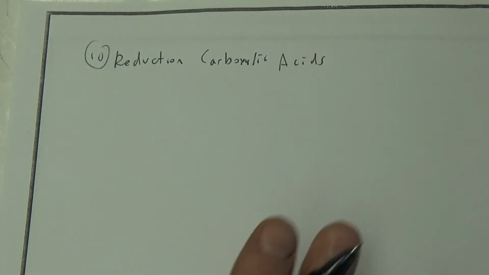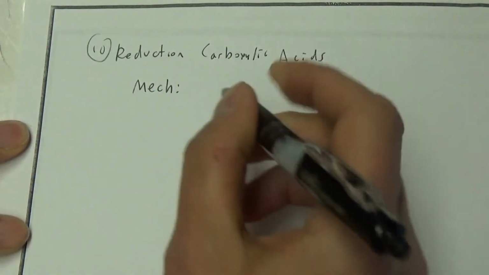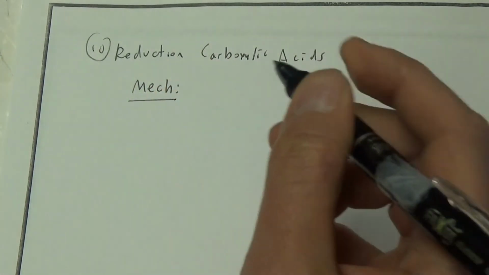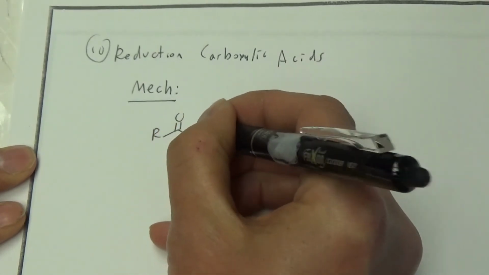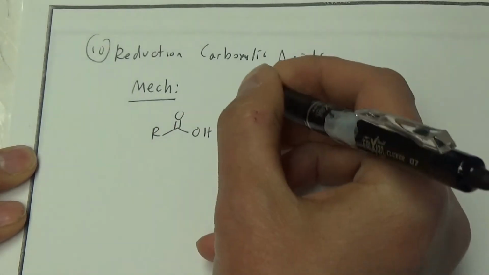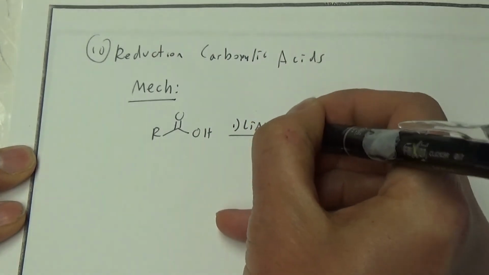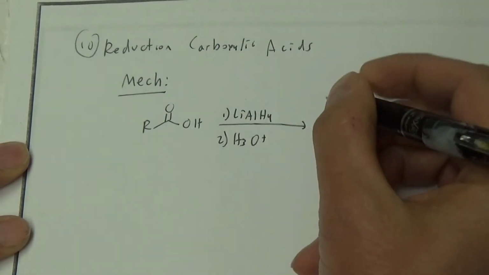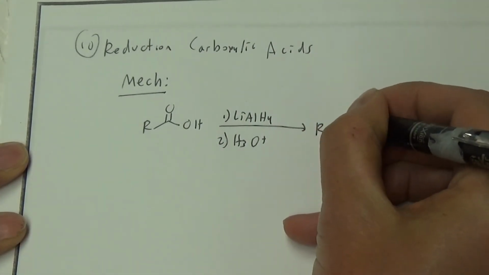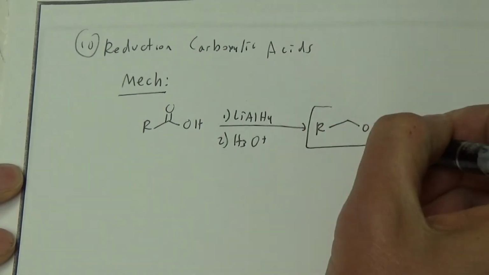The mechanism is actually pretty straightforward. The mechanism of the reduction of a carboxylic acid: here's the example, carboxylic acid, lithium aluminum hydride, H3O plus. The product, again, is a primary alcohol. So how does this work?